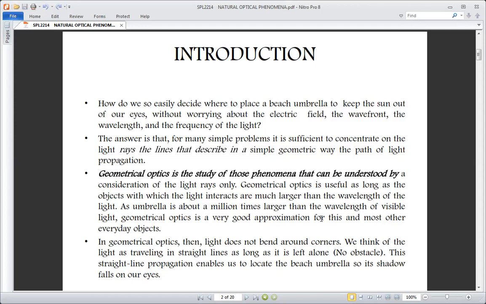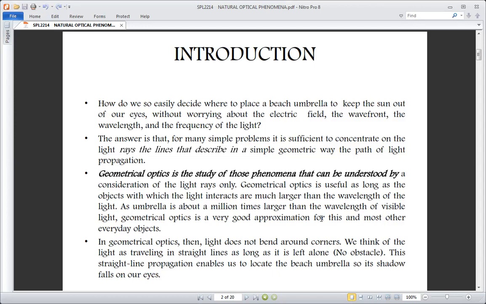The reason why you consider an umbrella is because the umbrella could be maybe say 1 meter in diameter, and we are considering light that has a very, very small wavelength. If you consider visible light having a wavelength of between maybe 400 nanometers and maybe 800 nanometers, then an object like an umbrella will very much block a lot of rays that is reaching you.